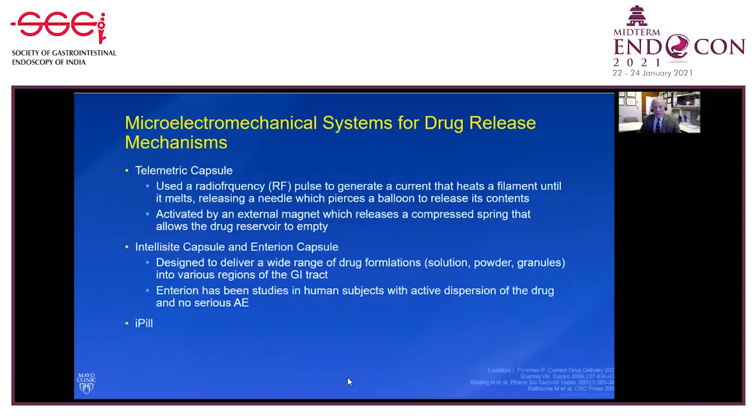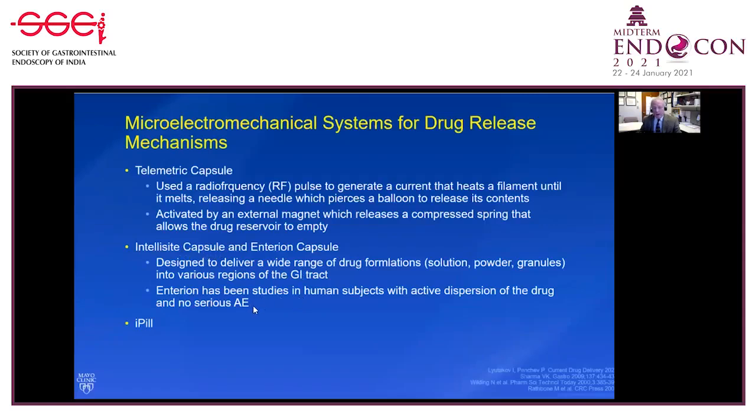And examples of these microelectromechanical systems for drug release include the telemetric capsule that uses a radio frequency pulse to generate a current that heats a filament until it melts, releasing a needle which pierces a balloon to release its contents. Very exciting. And then the IntelliSight capsule and the Interion capsule that also are designed to deliver a wide range.